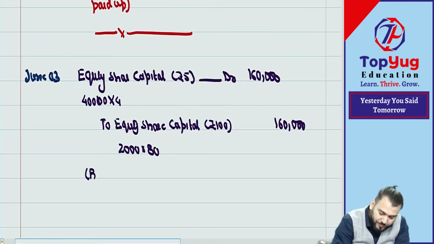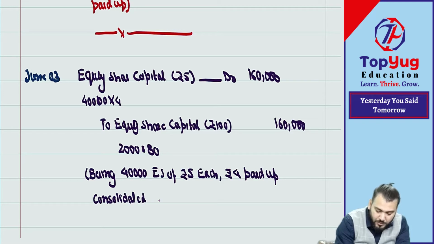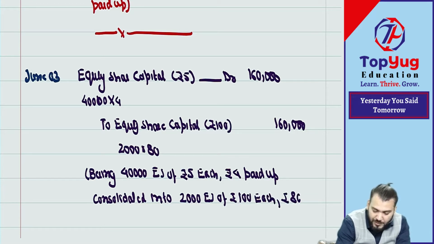Narration: being 40,000 equity shares of rupees 5 each, rupees 4 paid up, consolidated into 2,000 equity shares of rupees 100 each, rupees 80 paid up.